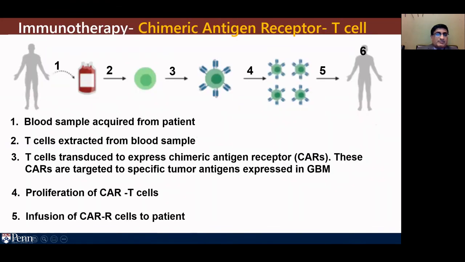And for cell-based therapies, I will mainly talk about chimeric antigen receptor T cells. In our study, we recruited 10 patients with recurrent GBMs, and we demonstrated the synthesis, delivery, and infusion of the CAR-T cells in 10 recurrent patients who were MGMT unmethylated, IDH wild type, and EGFRvIII positive.